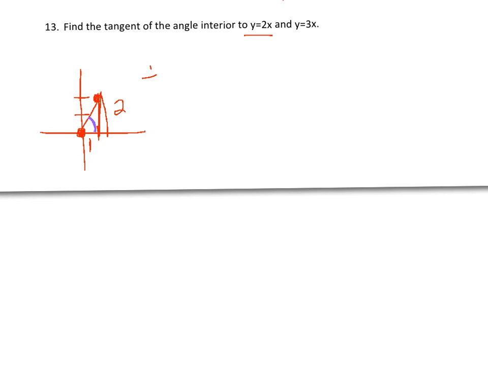Therefore, the tangent of that angle, we'll call it theta, is 2 over 1, or 2, opposite over adjacent. Similarly for y equals 3x, if I draw y equals 3x, we know that we have an intercept at 0.